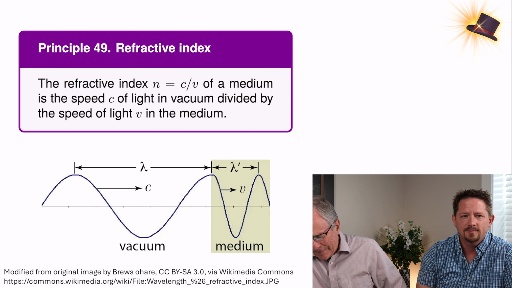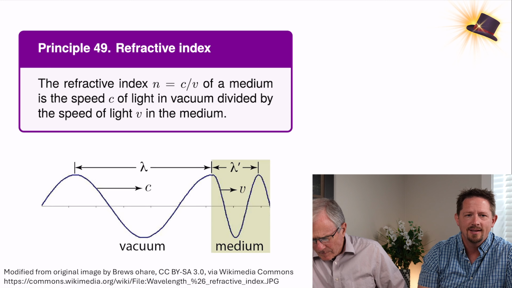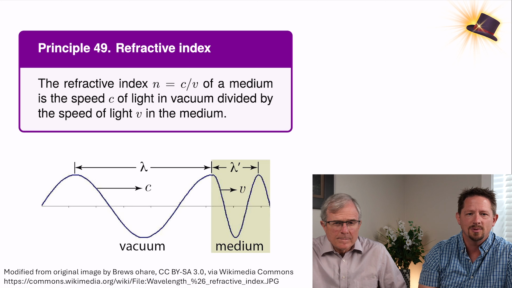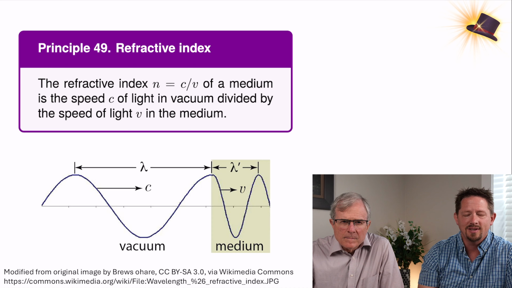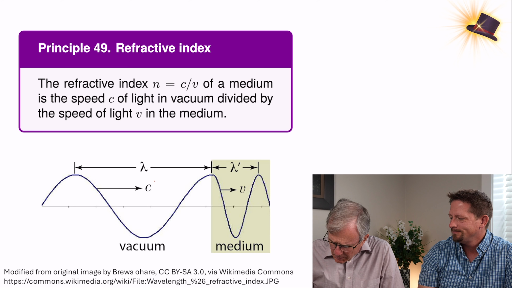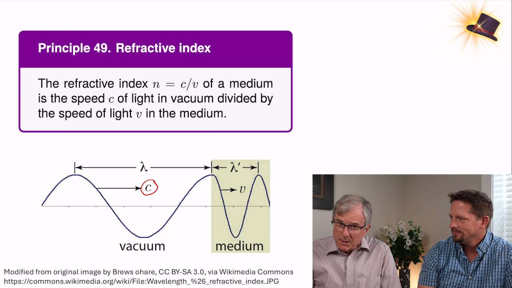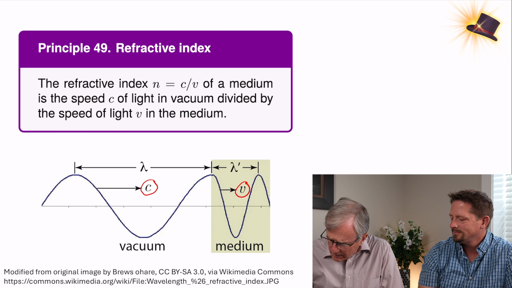Principle 49, refractive index. The refractive index, n equals c over v of a medium, is the speed c of light in vacuum divided by the speed of light v in the medium. Like we talked about before, we have speed c in vacuum, which is 3 times 10 to the 8th meters per second.